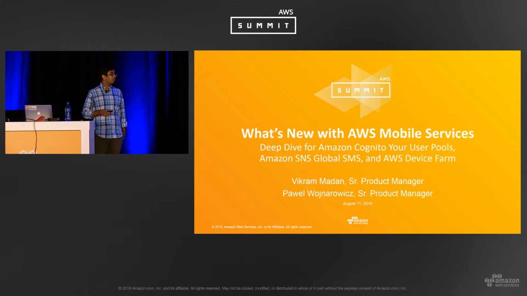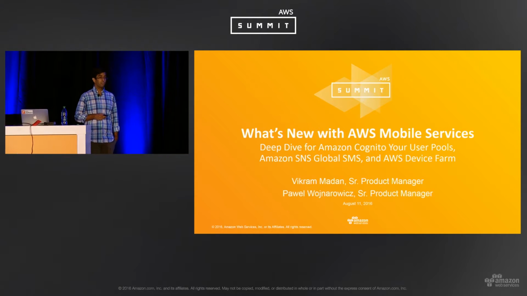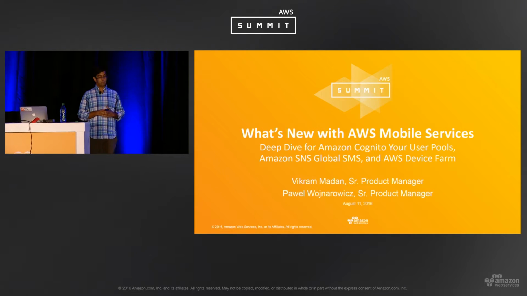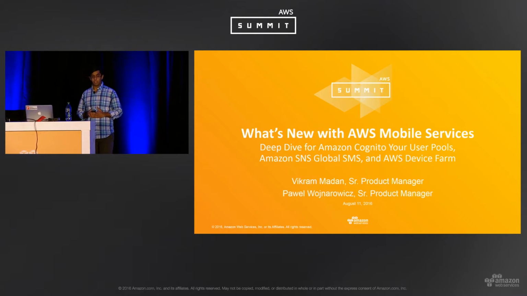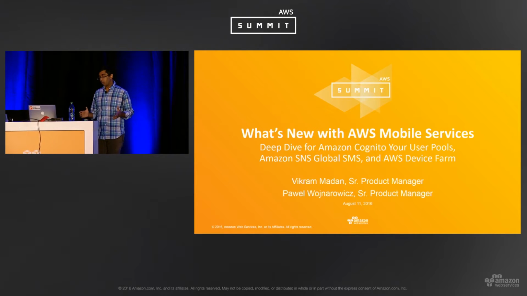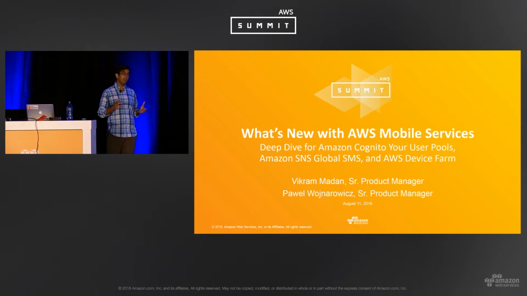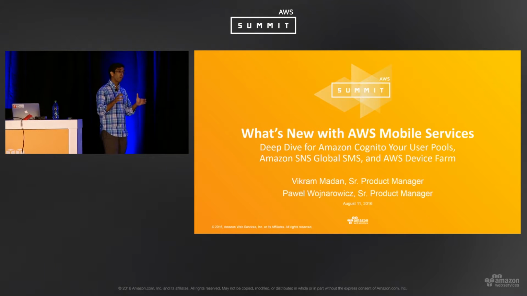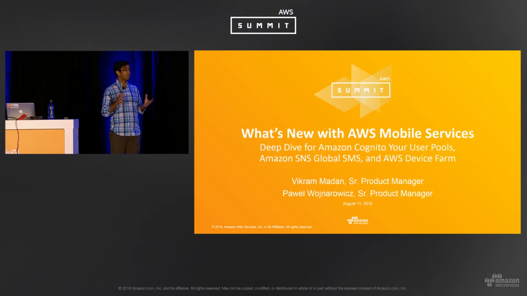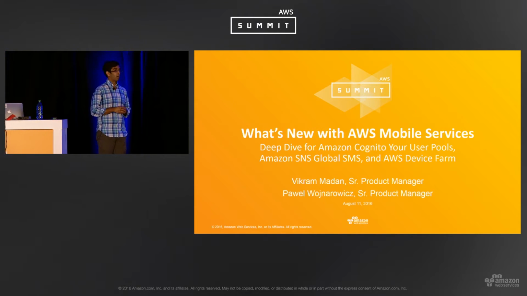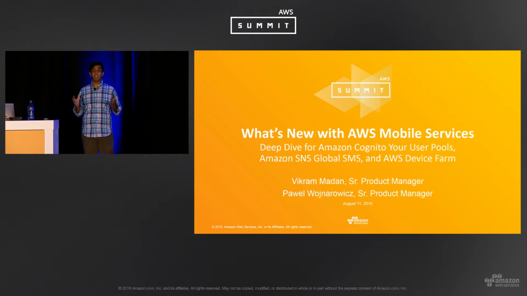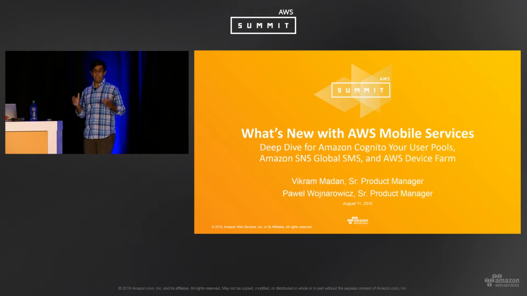So where we're going to start is we're going to talk about the new Your User Pools feature that was introduced about 2 weeks ago in GA for Amazon Cognito. And specifically, the story starts with this notion that building auth infrastructure for your applications is actually a pretty difficult and complicated process. So first of all, you have to stand up a user directory to manage your users.